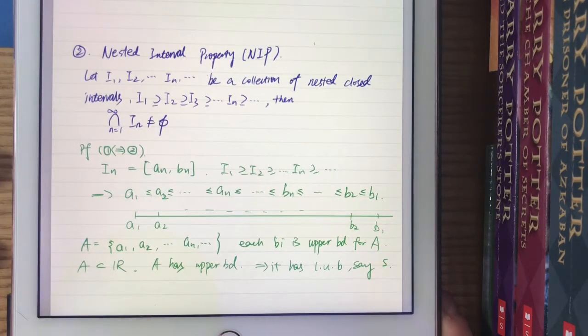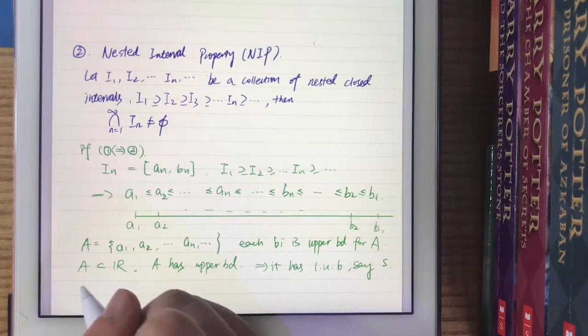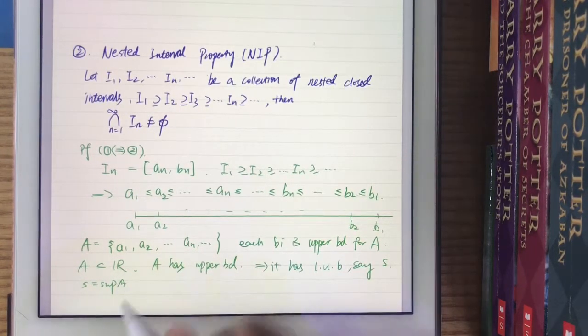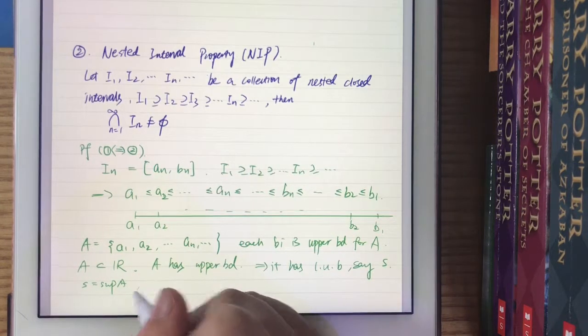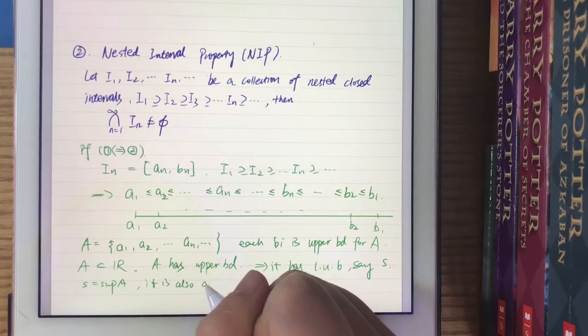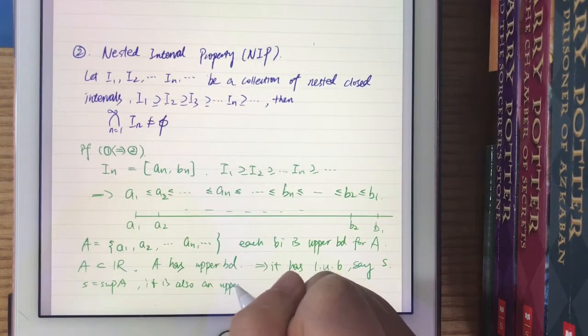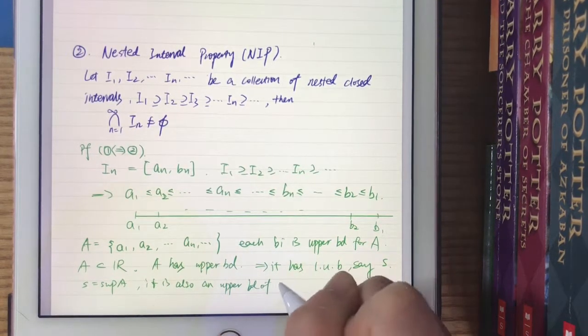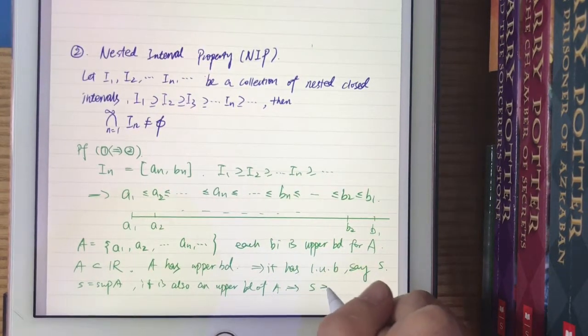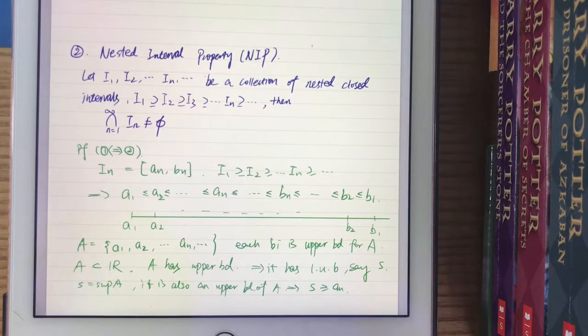Well, least upper bound is the same as its supremum, right? So the supremum of A is S. And also it is an upper bound of A, right? So that is to say S is larger than An, right?